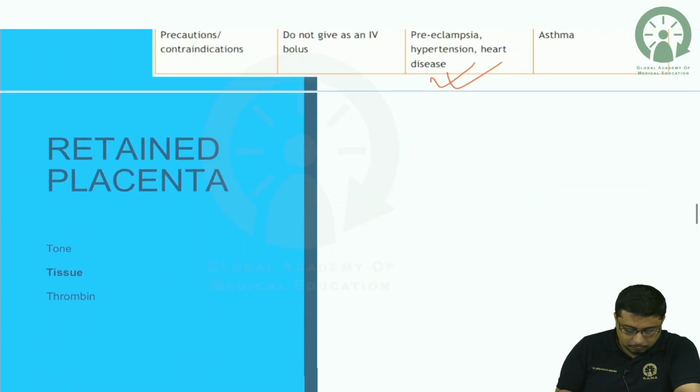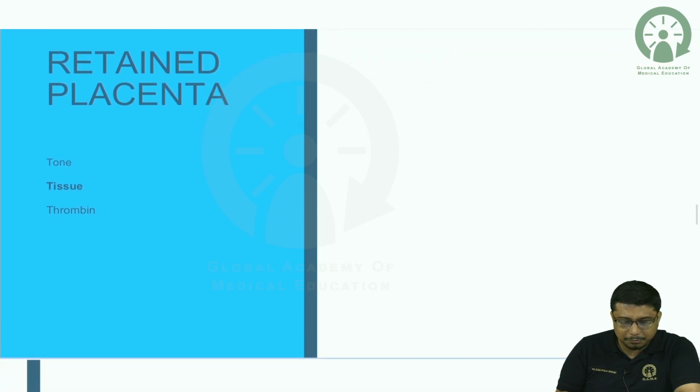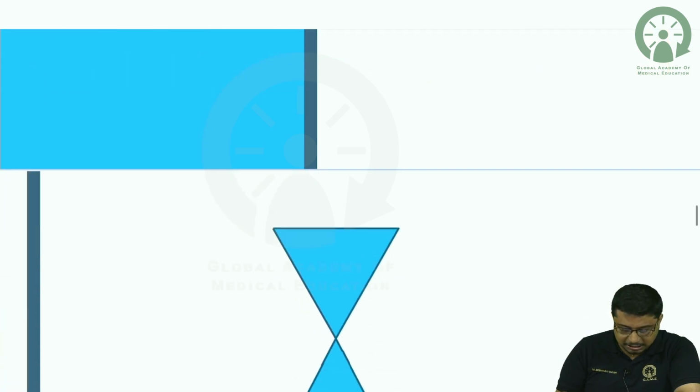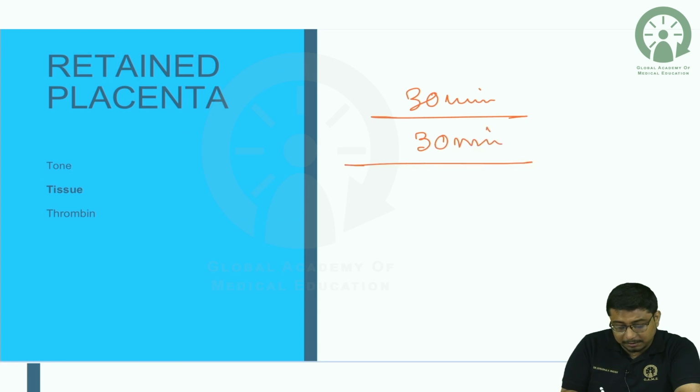Okay, so what to do in case of retained placenta? It has to be evacuated under GA. We can wait for 30 minutes, then give oxytocin and wait for another 30 minutes. But if it doesn't happen, then manual removal of placenta under general anesthesia has to be done.